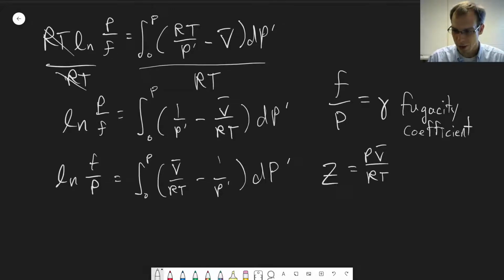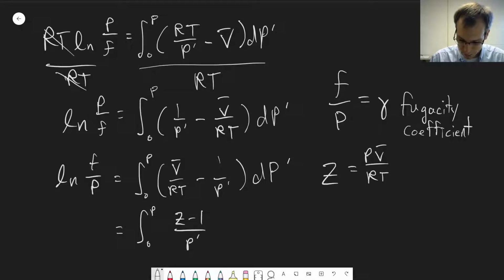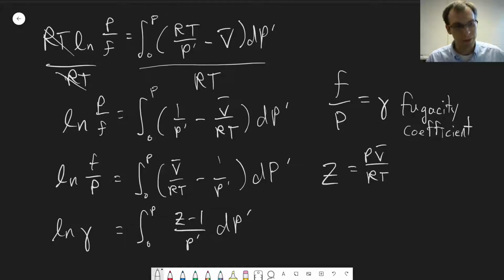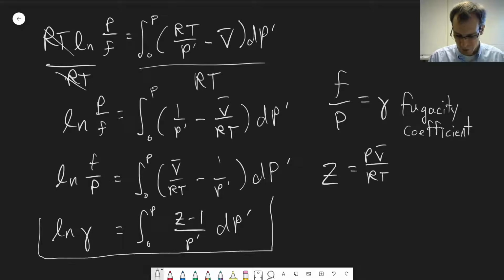So if we rewrite this equation in terms of Z instead, that gives us integral from 0 to P of Z minus 1 divided by P prime, dP prime. And we can say this is log of gamma now instead of log of F over P. It is log of F over P, we're just using this term of the fugacity coefficient. All right, and this is sort of the final form that we have.